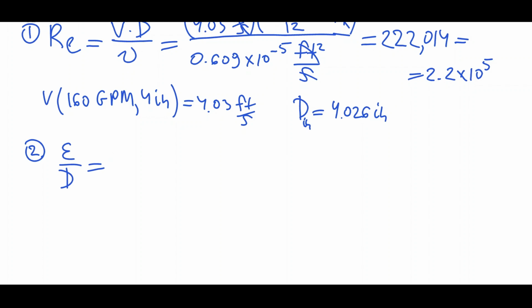This Moody diagram will have the relative roughness as roughness over diameter. For roughness, I would go with 0.0002 feet.